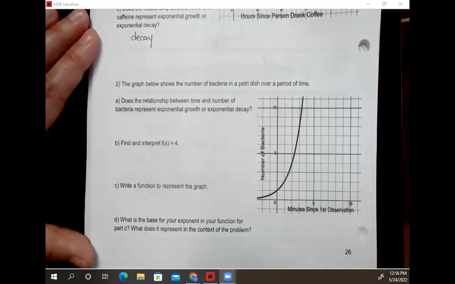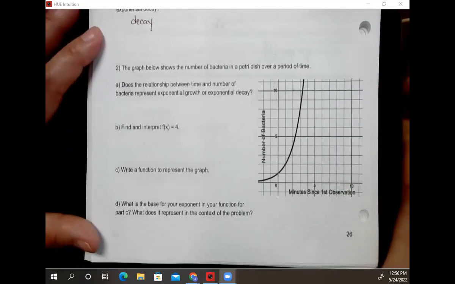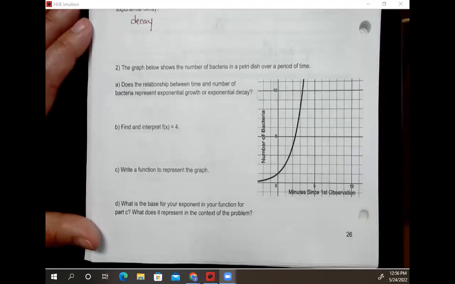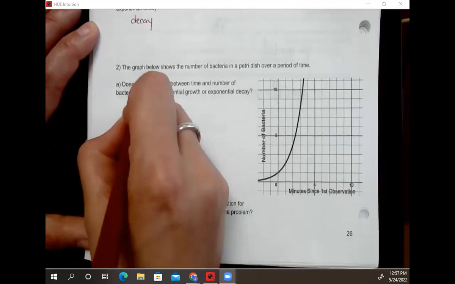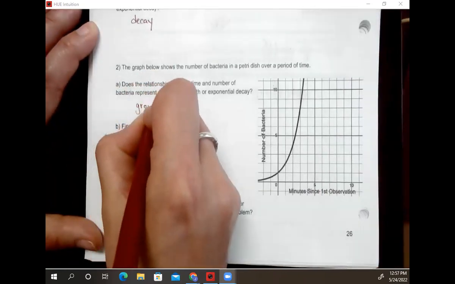Okay, let's take a look at number two. Our graph now shows us the number of bacteria in a petri dish over a period of time. Does the relationship between time and number of bacteria represent exponential growth or exponential decay? This one's growth. Our number of bacteria is increasing over time. So this is exponential growth.